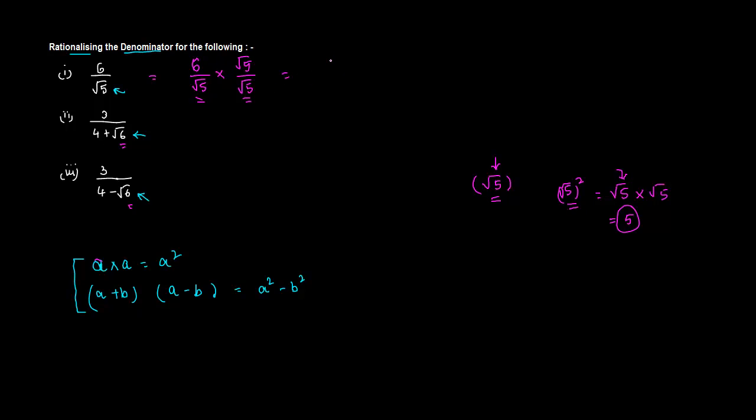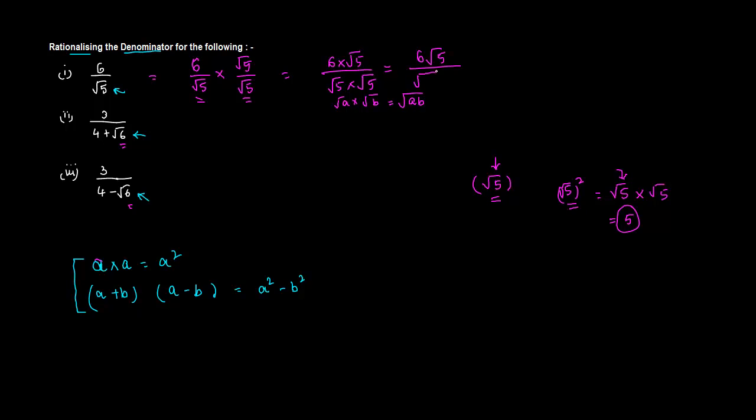Now we know that 6 upon root 5 can be written as 6 into root 5 upon square root 5 into square root 5, right? 6 into root 5 can be written as 6 under root 5. Now root 5 into root 5 is of the nature root a into root b, and when we multiply these two square roots, the identity we use is root ab.